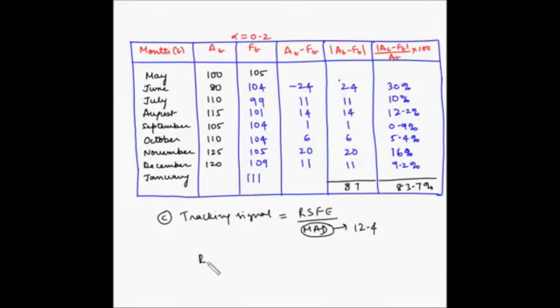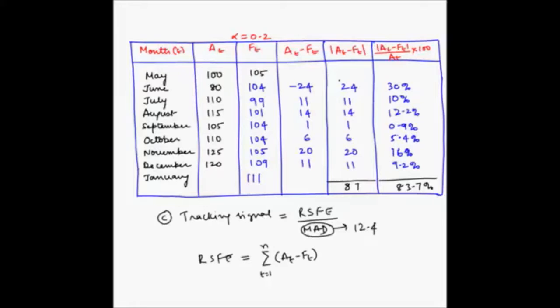Now running sum of forecast error is, as the name suggests, the sum of forecast error, which is equal to sigma AT minus FT, where t equals 1 to n. So what this means is we have to take the sum of all these values with the sign as they are. So this is not the absolute value, this is the as is value.